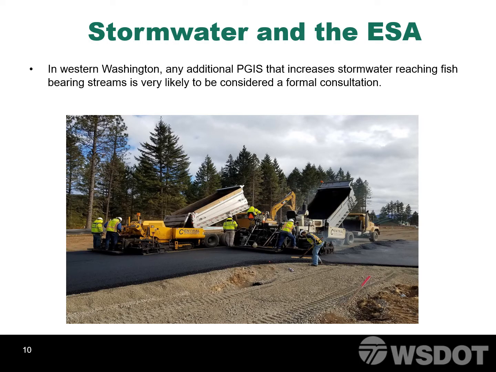As indicated by the red arrow in the previous slide, stormwater in Washington State is an evolving area that needs to be considered for your project. If your project is adding new pollution generating impervious surface, or PGIS, that isn't infiltrating and may reach waters with listed species, that is now going to require an additional level of analyses.